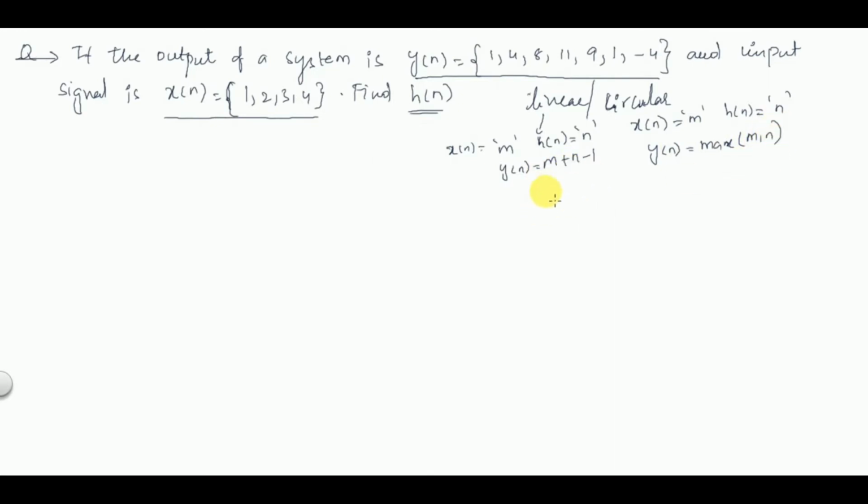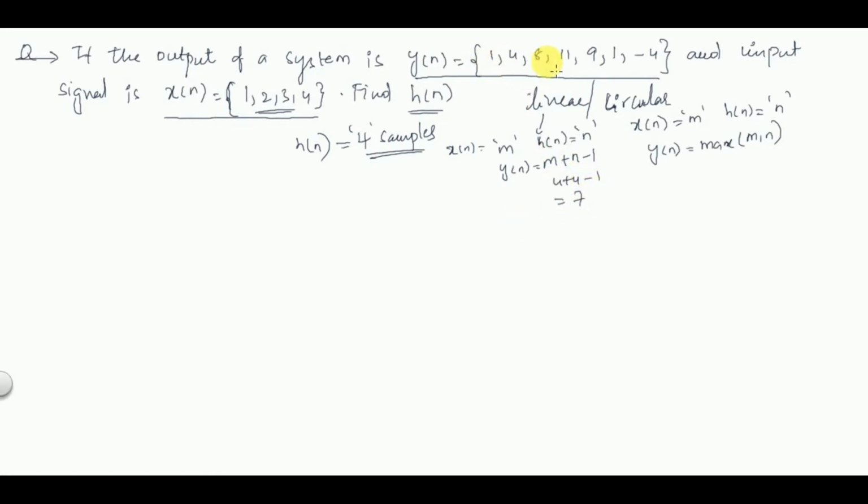If you observe here, x of n has 4 samples and y of n has 7 samples. So you have to find the linear convolution, and h of n will have 4 samples, so that it will be 4 plus 4 minus 1, which is equal to 7 samples here.